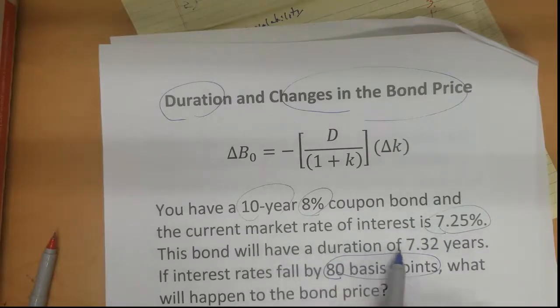The bond will have a duration of 7.32 years. If interest rates fall by 80 basis points, or 0.80, what will happen to the bond price?